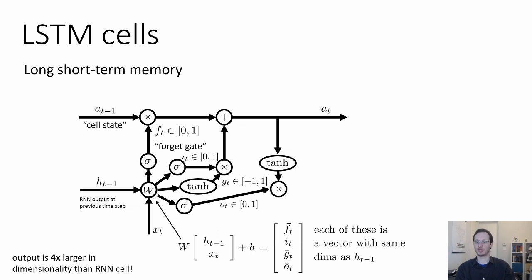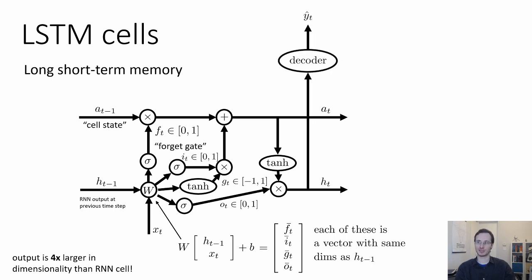We pointwise multiply it by o_t, which essentially gates it. So if o_t is 0, then there is no output. If o_t is 1, then the output is preserved. And that becomes the new h_t. And this new h_t is also what we use if we want an output at that time step. So if we want some kind of readout function, some kind of decoder, h_t is what we would use.